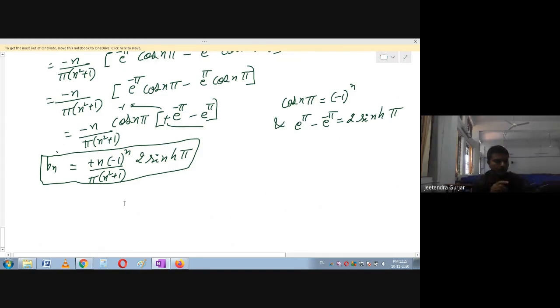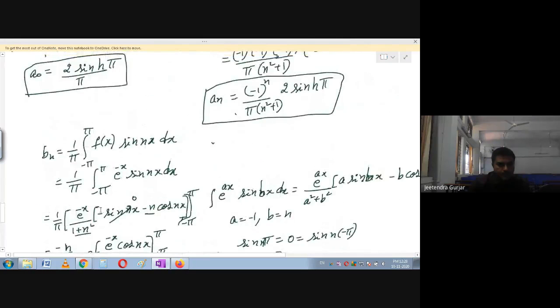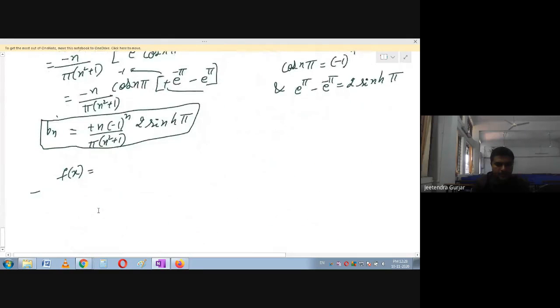So you will get f of x is equal to a naught upon 2, that means 2 sinh pi upon pi. Substitute the value.